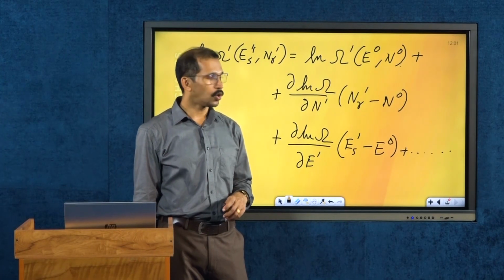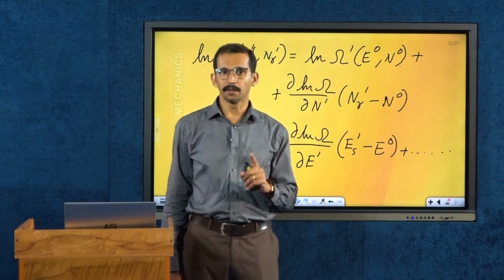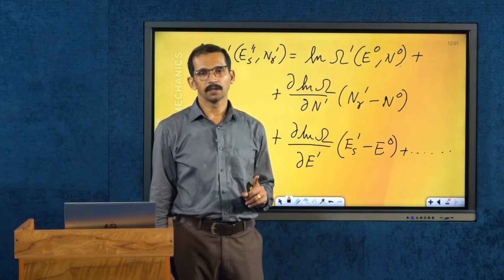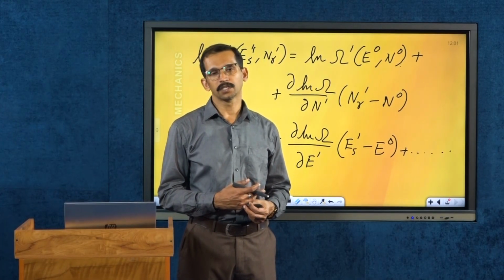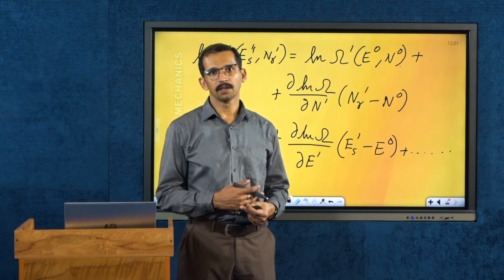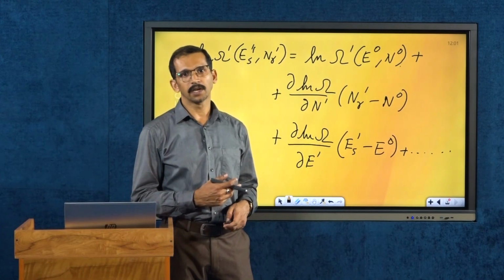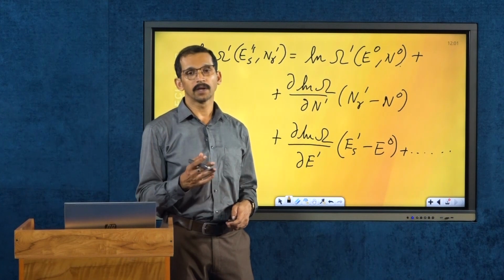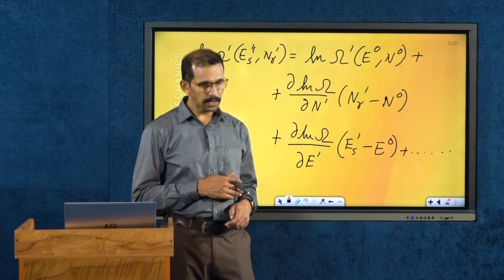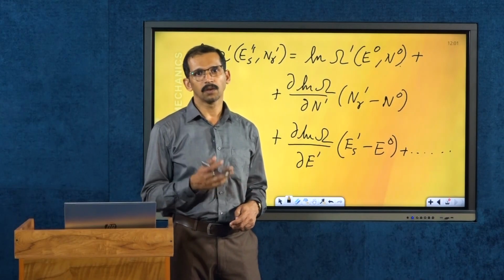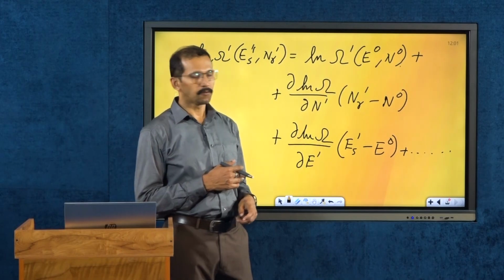So, dou ln omega by dou E dash is actually beta, which is part of the definition of the function of beta, and dou ln omega by dou n dash is defined as alpha, or mu by kt, right. So, we can always write it in terms of that function.